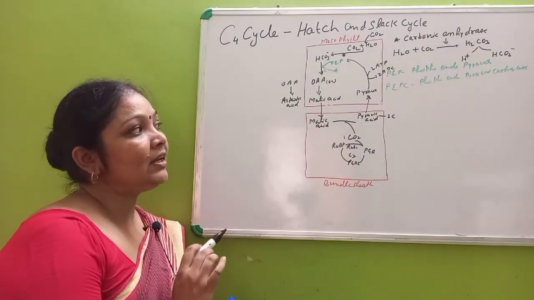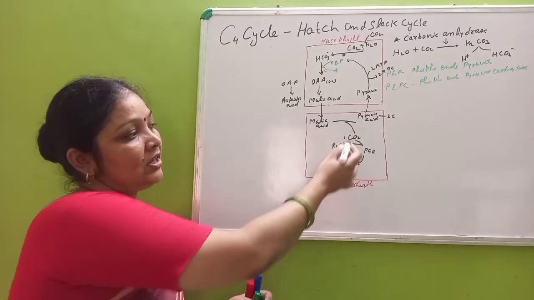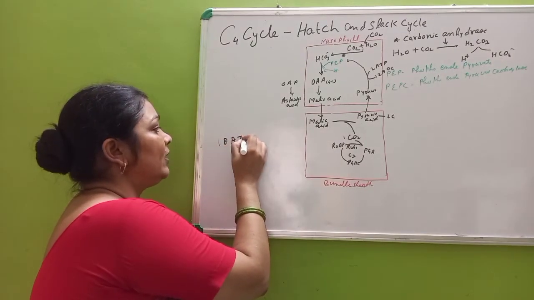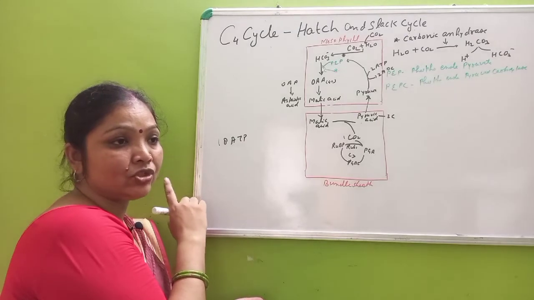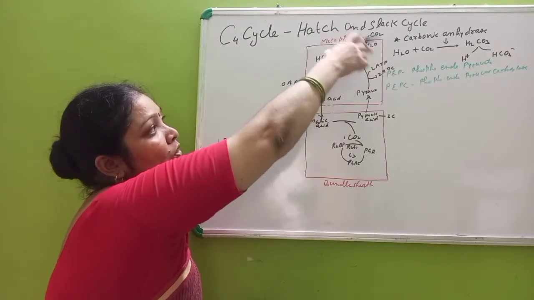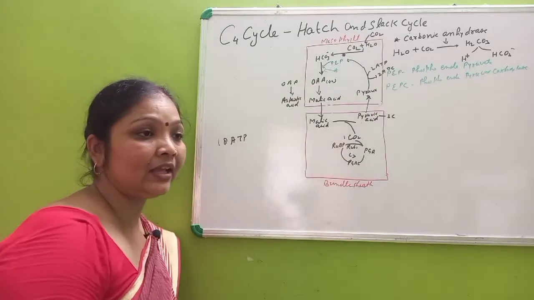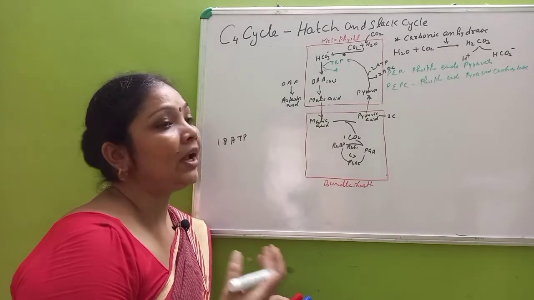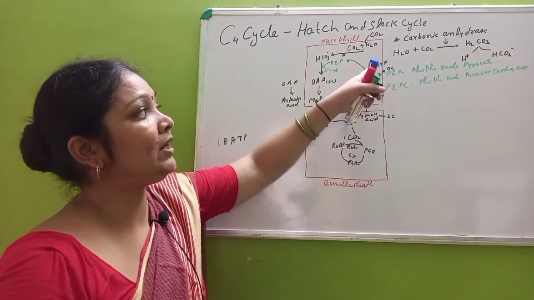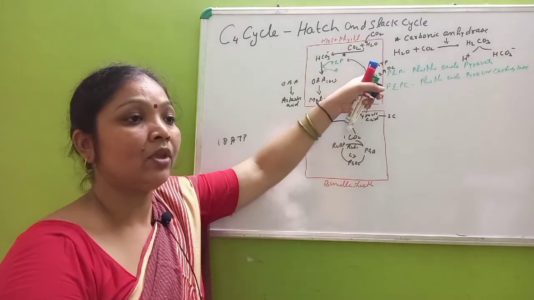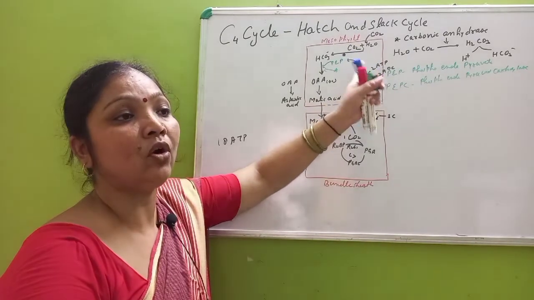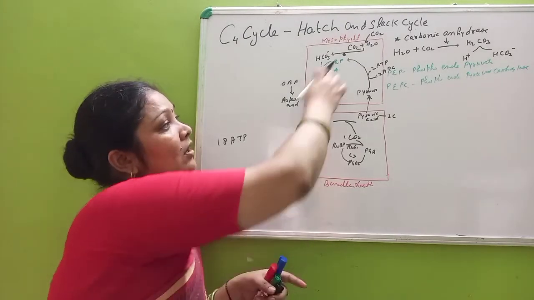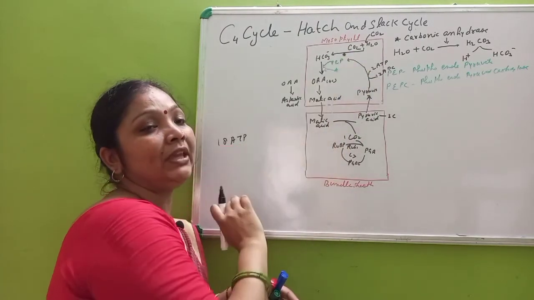Now, this cycle needs more energy. As you know, in the C3 cycle we calculated that 18 ATP are required along with 12 NADPH2, and as this goes on cyclically, 2 ATP is required each time, so this cycle will go on 6 times. So 6 into 2, 12 ATP are required to convert this pyruvic acid into PEP.